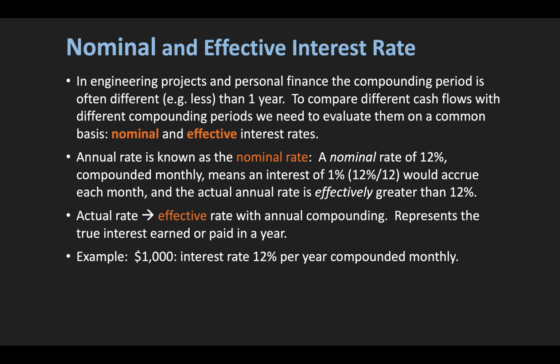Usually, the annual rate is known as the nominal rate. A nominal rate of 12% compounding monthly means that the interest is 1%, which accrues each month. And the actual annual rate in this case is effectively greater than 12%.